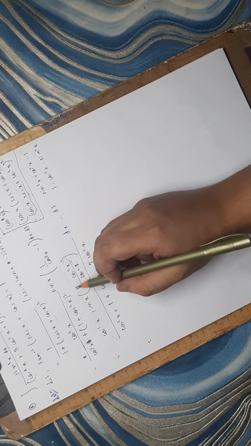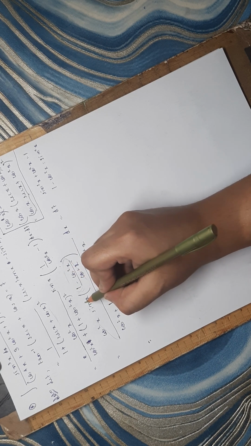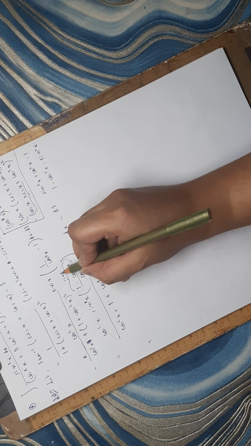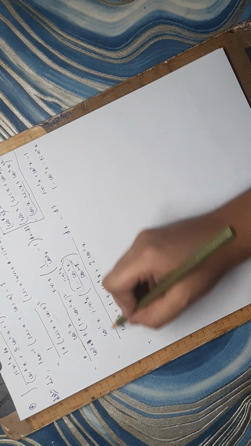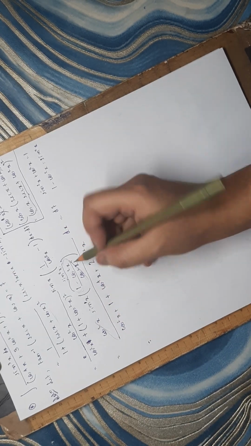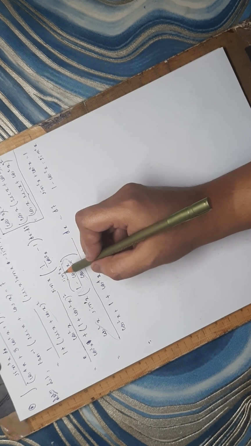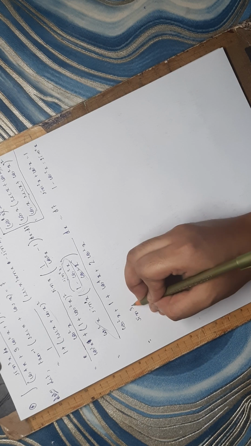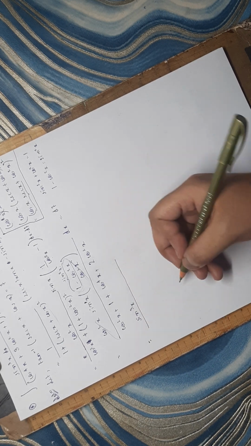We will be getting a sin square x here. There is a power 1 here, and from here we will be getting a sin square x, right? Because the denominator gets cancelled with this. So sin x into sin square x is nothing but sin cube x. And what will we be getting in the denominator?